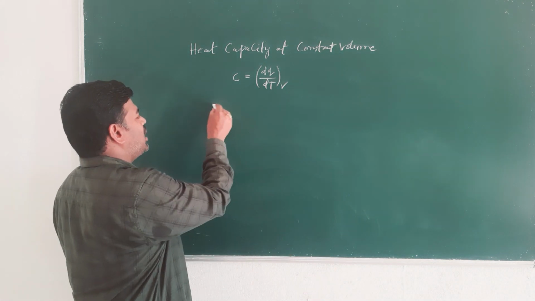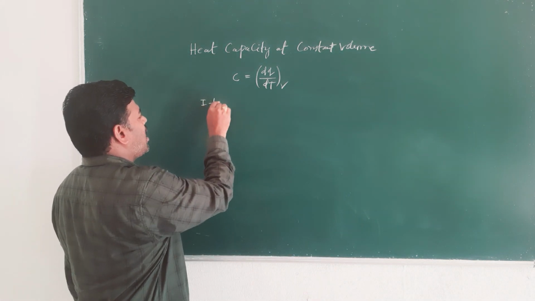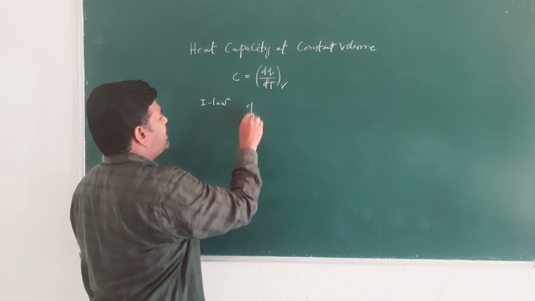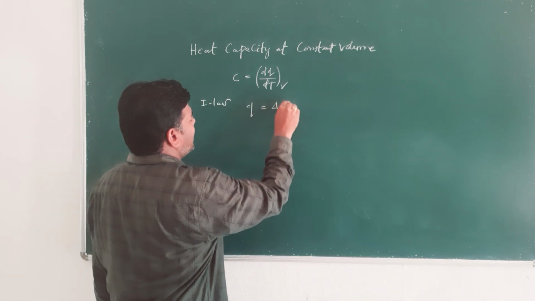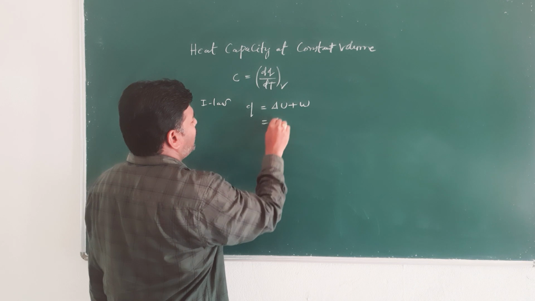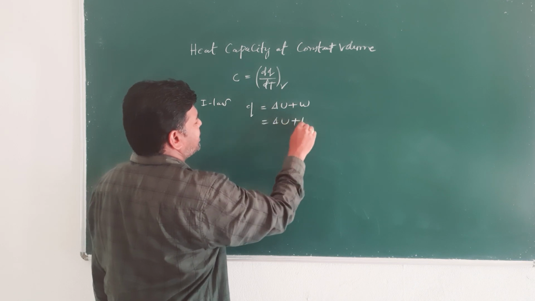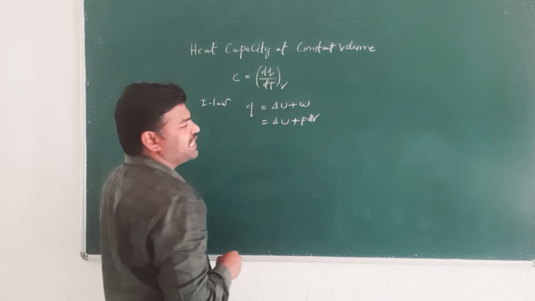From the first law of thermodynamics we can write Q is equal to delta U plus W, and this is a pressure volume work, we can write PdV.